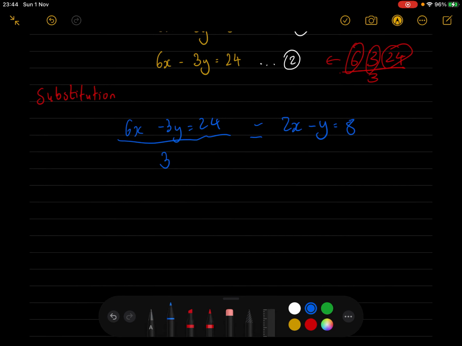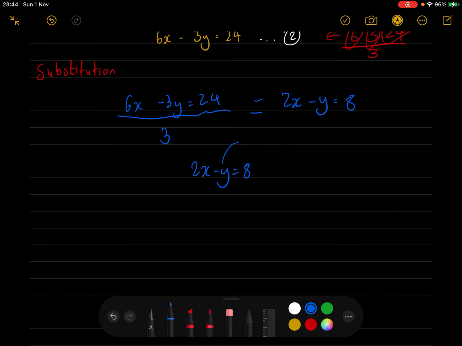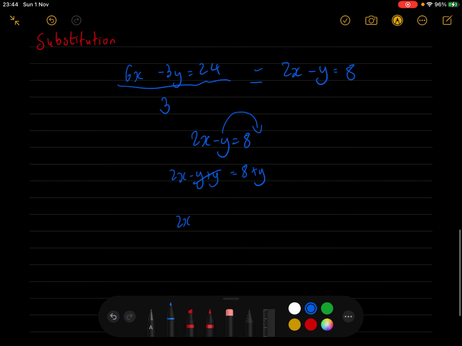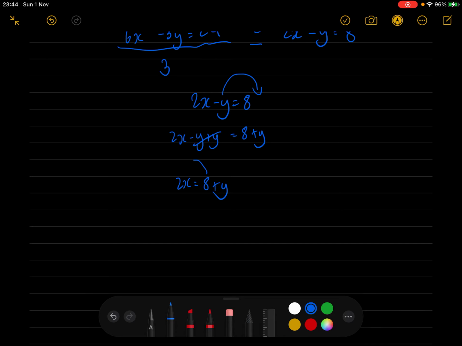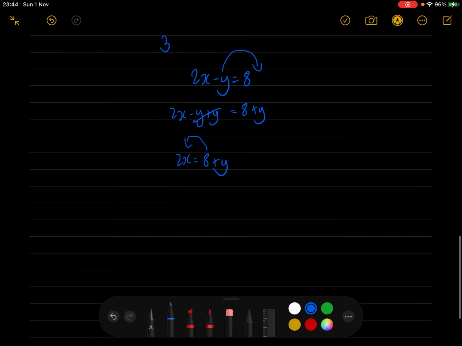Because 2x minus y is equal to 8, I'm going to move the y to the right hand side of the equation by adding y to both sides. Therefore, 2x is equal to 8 plus y. Now I'm going to move the 8 to the left hand side of the equation by taking 8 away from both sides.